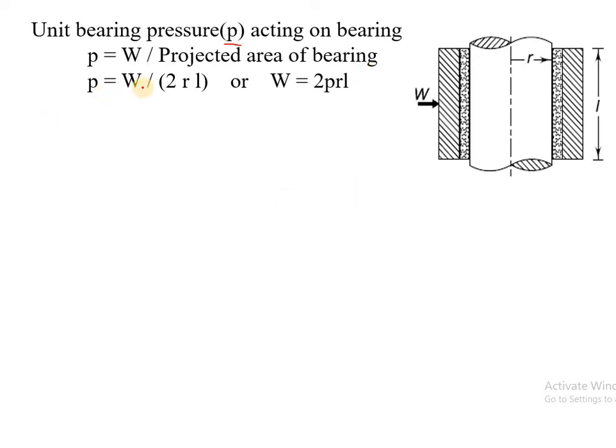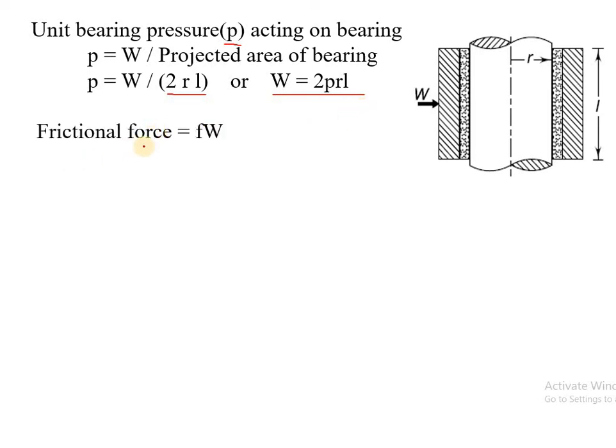So p is equal to W upon projected area of bearing. Projected area of bearing can be written as twice R into L. Twice R is the diameter, into L, length of journal or length of bearing. So you can write W is equal to 2pRL.